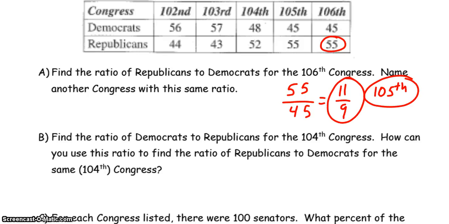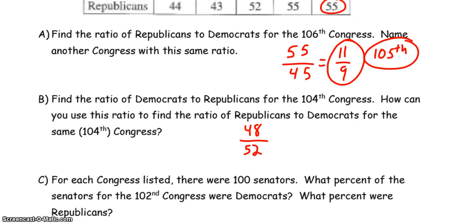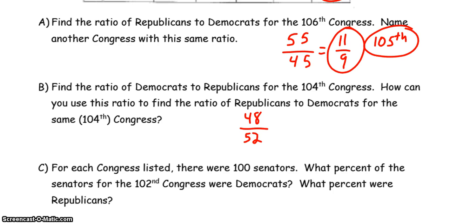Looking back up at our chart here, we're finding the ratio of Democrats, which is 48, over Republicans, which is 52, and we can reduce that. So if we reduce 48 over 52 by a factor of 4, we'd get 12 over 13.